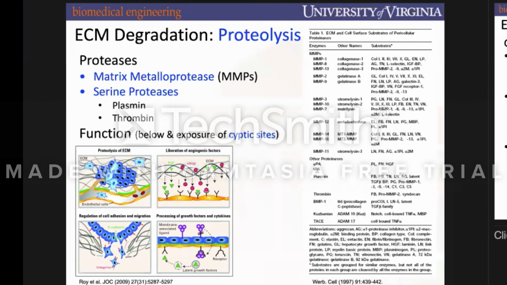Would anyone like to describe what they think a matrix metalloprotease is, what we can glean from the name matrix metalloprotease? It's exactly right.